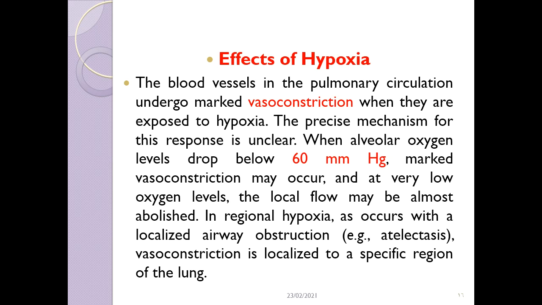In regional hypoxia, as occurs with a localized airway obstruction, for example in atelectasis, which is a pathological condition, there will be a localized area of airway obstruction. There will be a vasoconstriction, which is localized to a specific region of the lung.